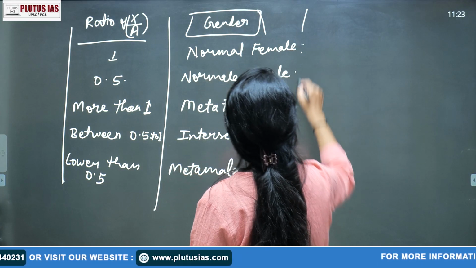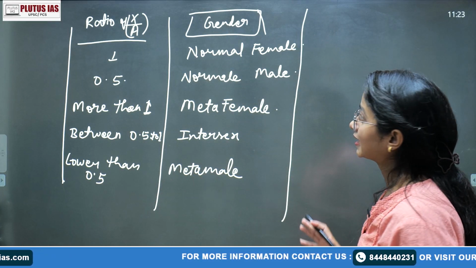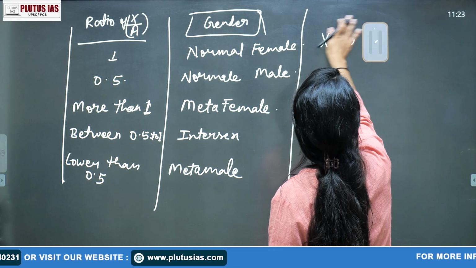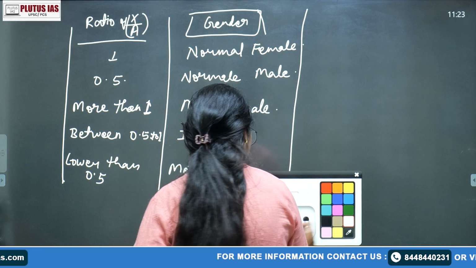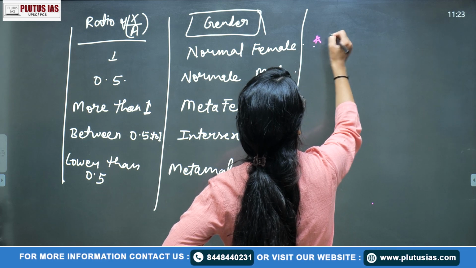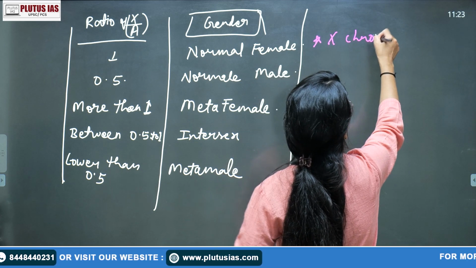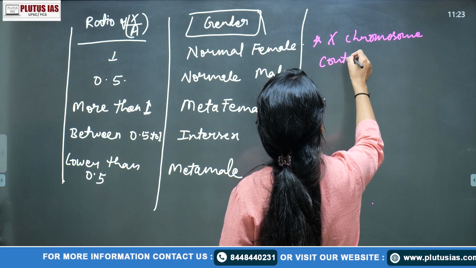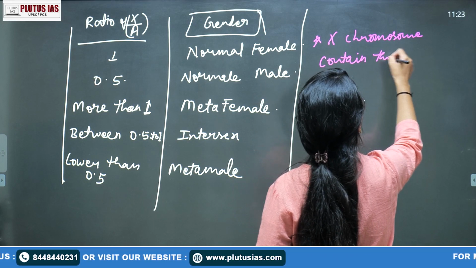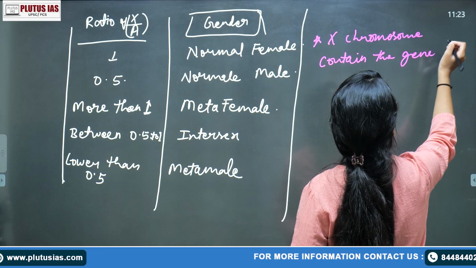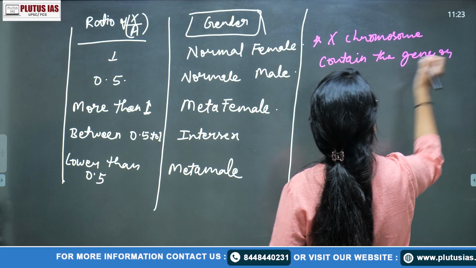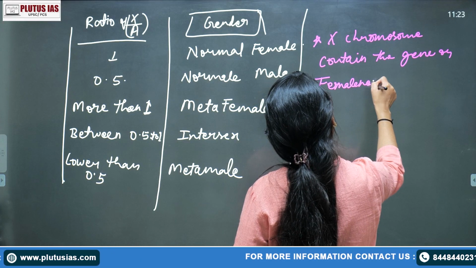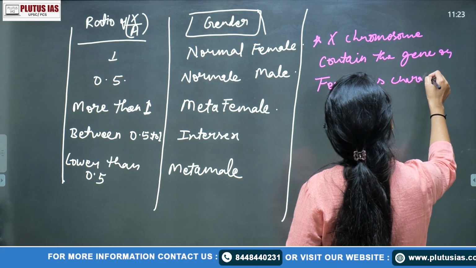From this chart, can we conclude that the X chromosome contains the genes for femaleness characters? Can we say that?